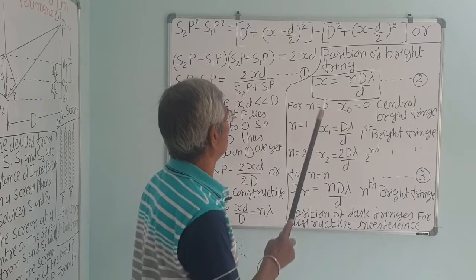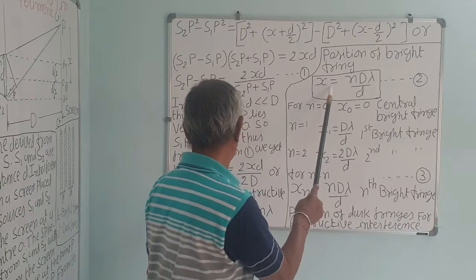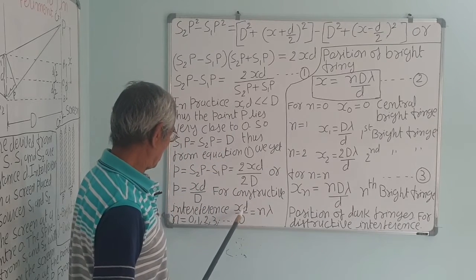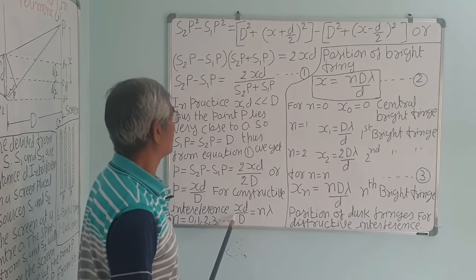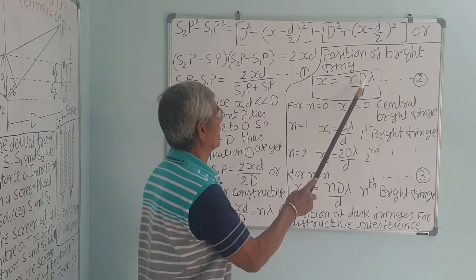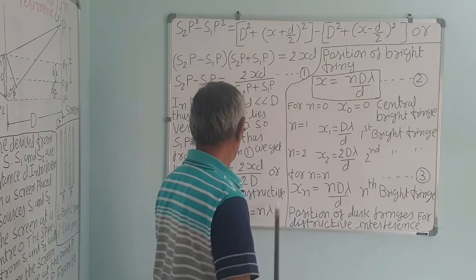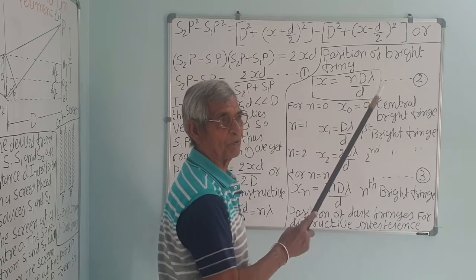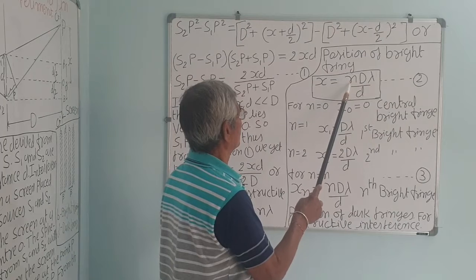Now the position of the bright fringe, say x. Taking x from this equation, x equals n lambda D upon d. Very important equation. This is the distance from the equidistant point O to the screen where the nth bright fringe is.